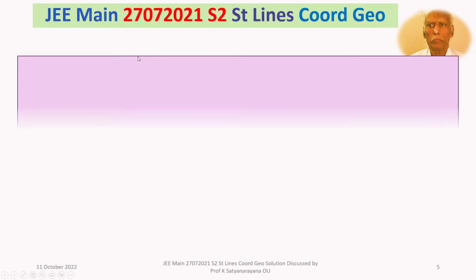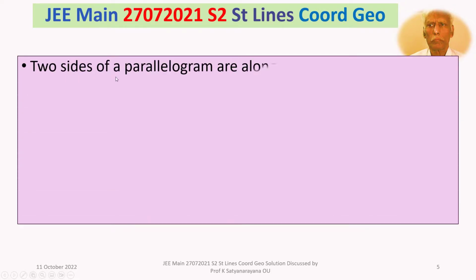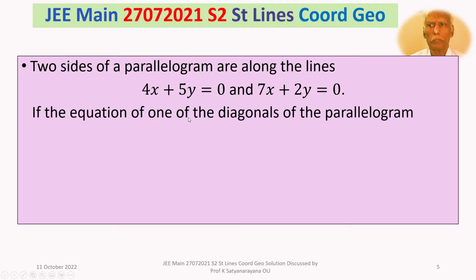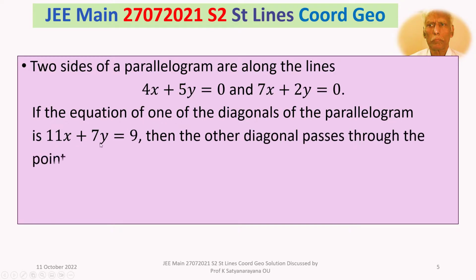The problem is: two sides of a parallelogram are along the lines 4x + 5y = 0 and 7x + 2y = 0. If the equation of one of the diagonals of the parallelogram is 11x + 7y = 9, then the other diagonal passes through the point.